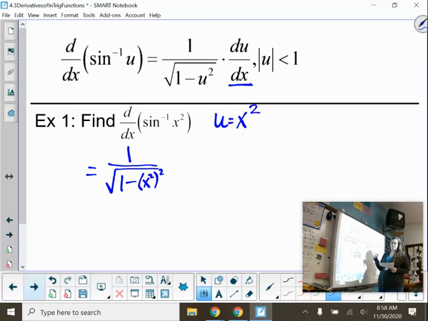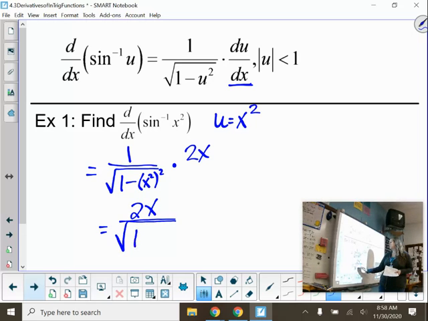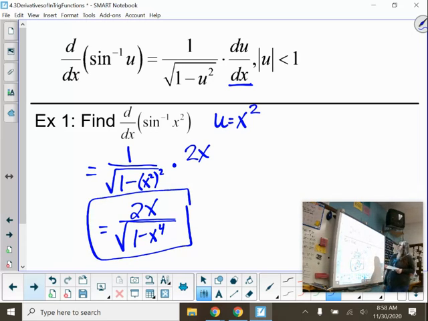And then I'm going to multiply that by the derivative of that u. So I'm going to multiply that by 2x. So my final answer would be 2x over the square root of 1 minus x to the 4th. And there's our solution. So easy, plug into the formula.